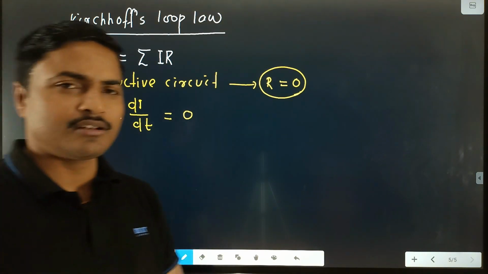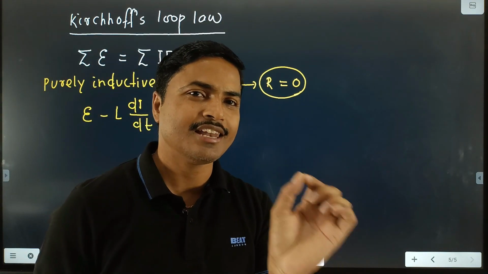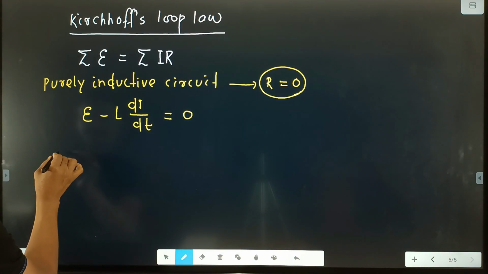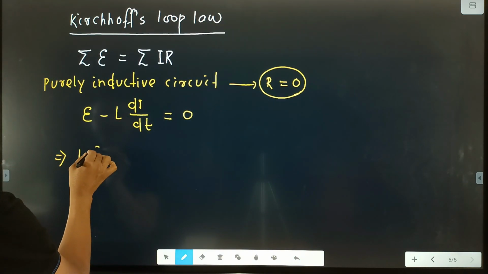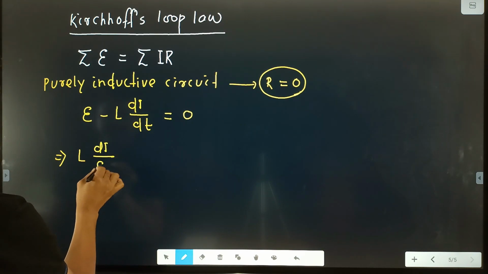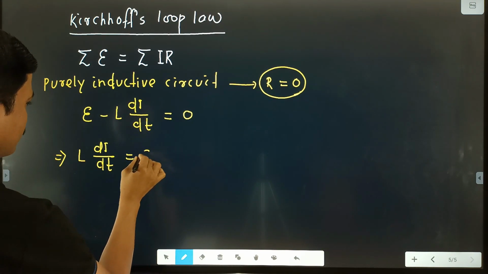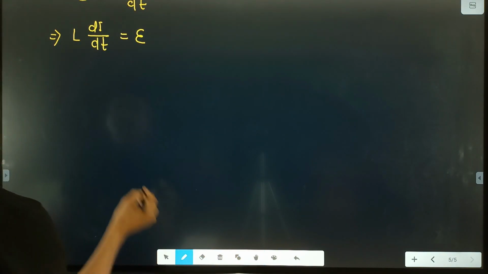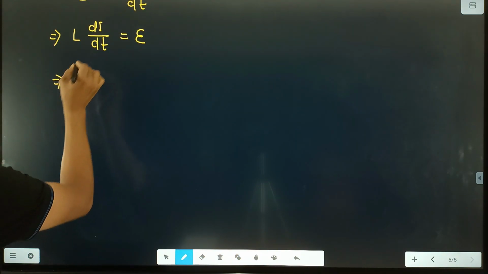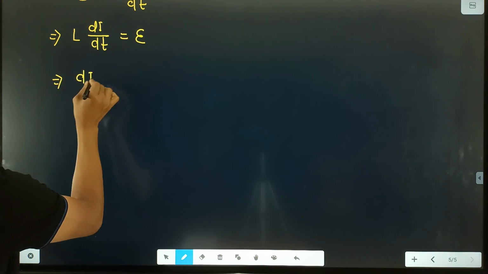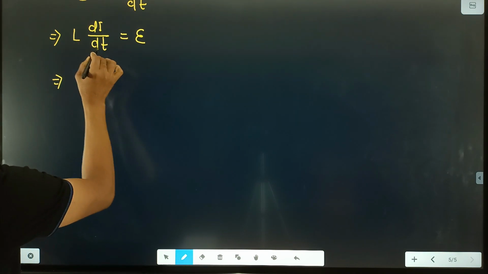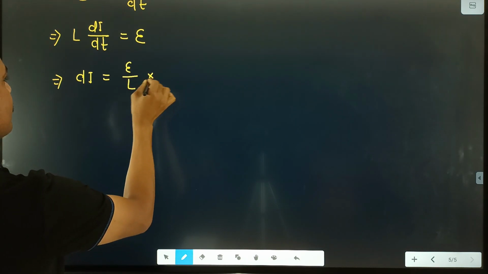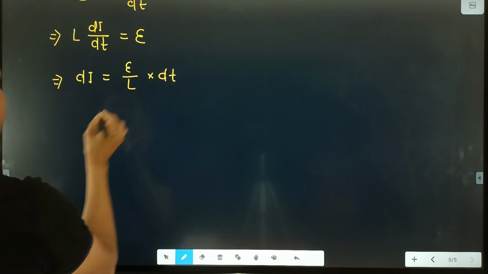And from this equation, we will calculate the value of instantaneous current. That implies L di by dt is equal to E. That implies di is equal to, we take L and dt to the right hand side, E by L multiplied by dt.